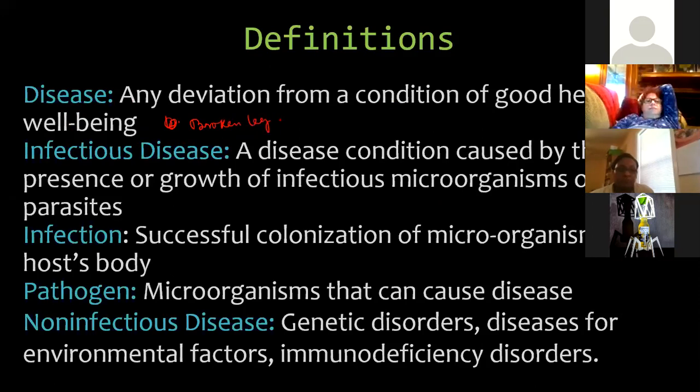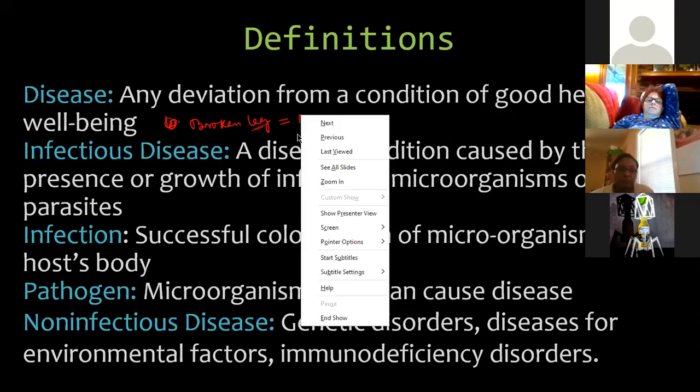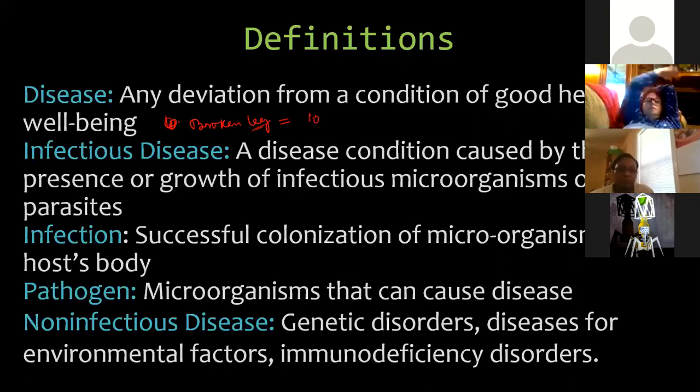Is that a disease? Because that's a deviation from a condition of good health. Your normal structure and function of body is impaired. You cannot walk. Maybe for the broken leg you have pain and all those things, but still it's not considered a disease. It is an accident.